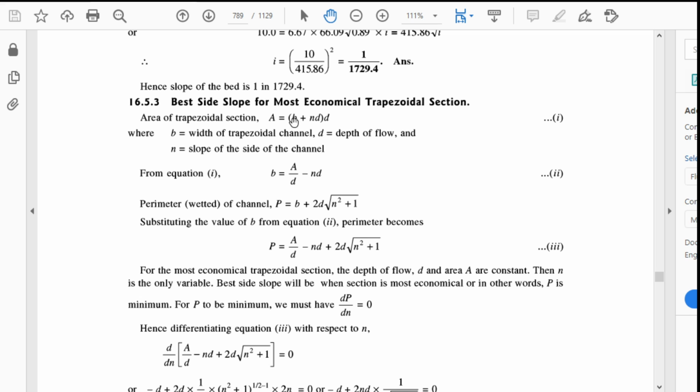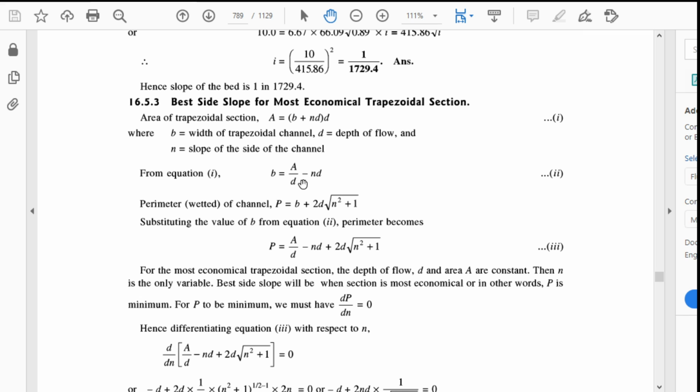Now we can rearrange this area equation and find the value of width B in terms of A and D. Simply rearranging, you will get the value of B as A by D minus ND.